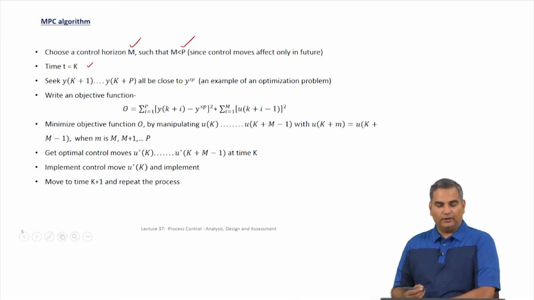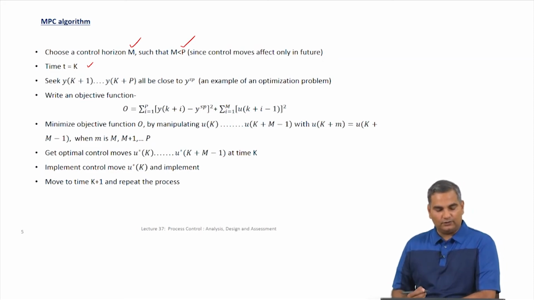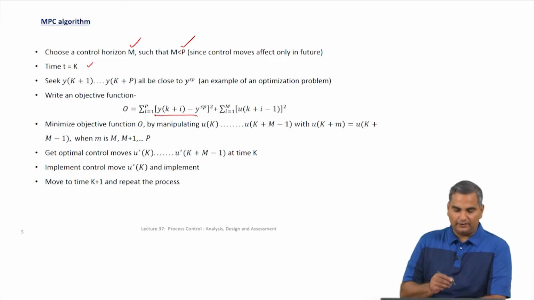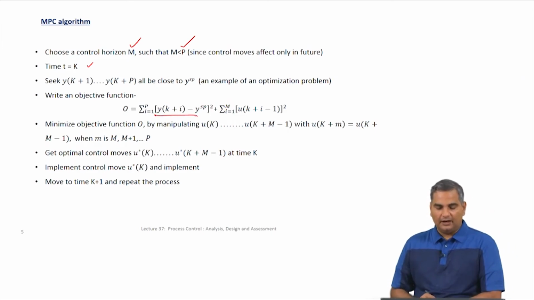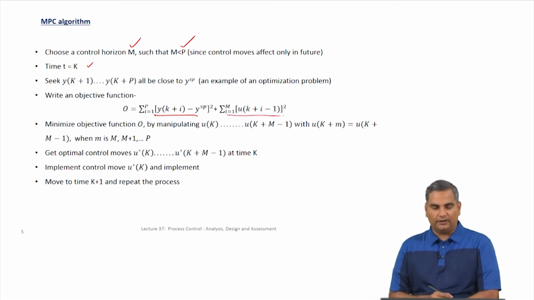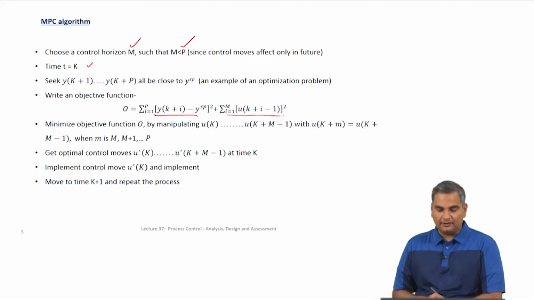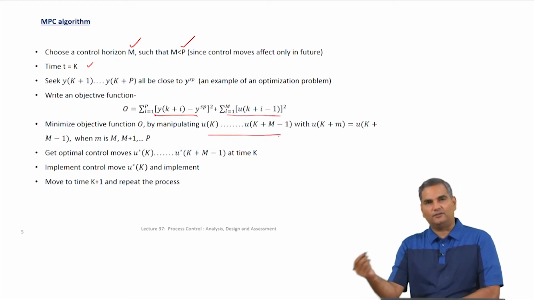What we are looking for is these variables to be optimized, and these output values to be very close to the set point, which is reflected by this part of the objective function, and at the same time we want to ensure that the control moves are not very dramatic. Now, we said this objective function is a function of uk plus 1 all the way up to uk plus m minus 1. You optimize this, and this is where you simply give it to a solver.